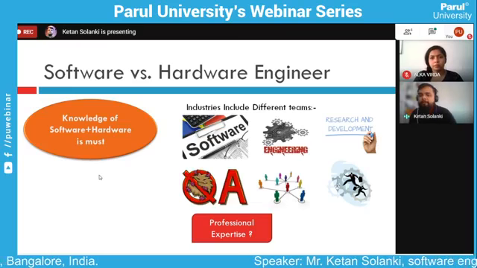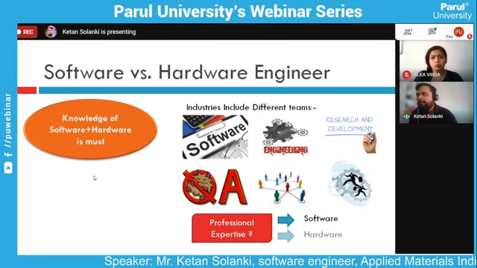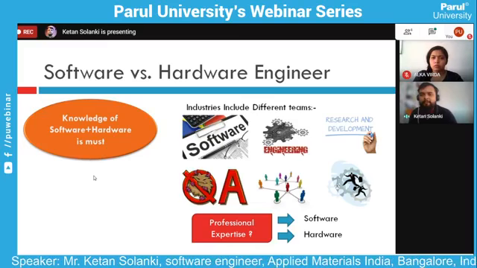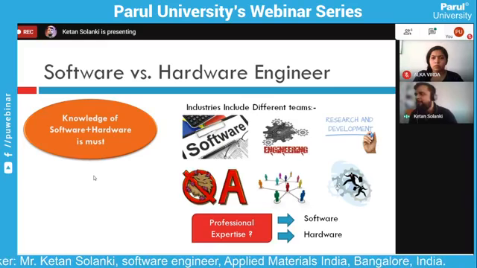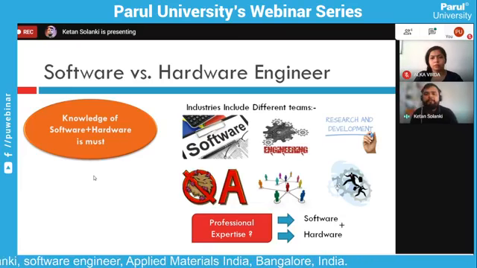From this framework, we can choose software as a dedicated core expertise, or we can choose only hardware as expertise. But we can also choose a combination of software as well as hardware.